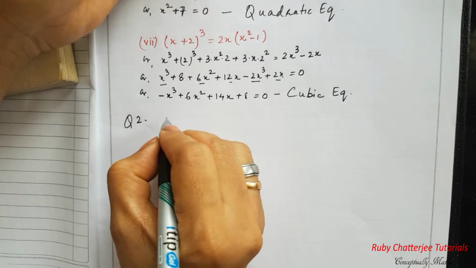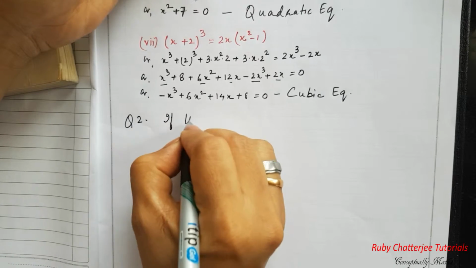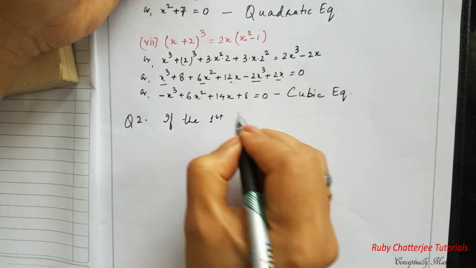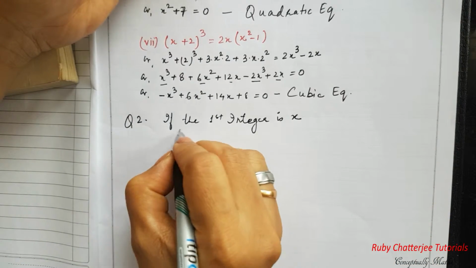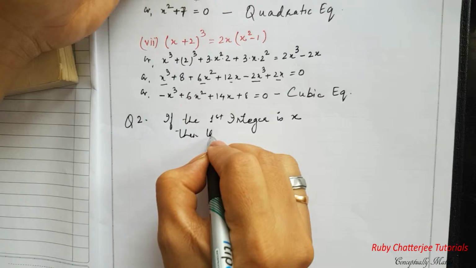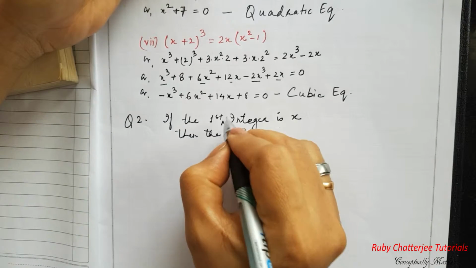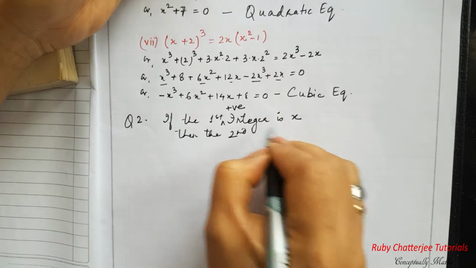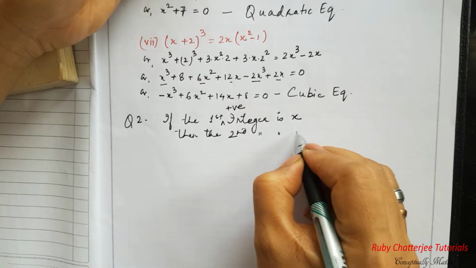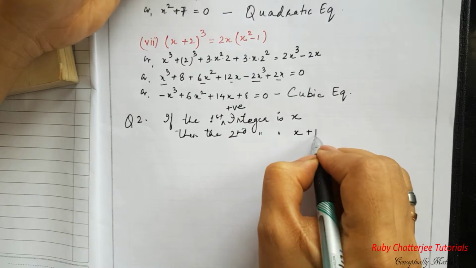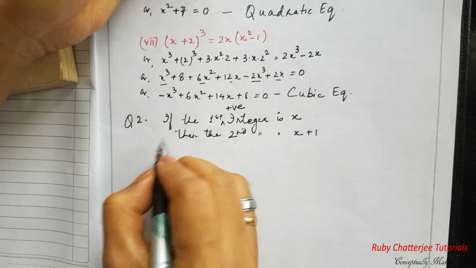So if the first positive integer is x, then the second positive integer is x plus 1, the consecutive integer.